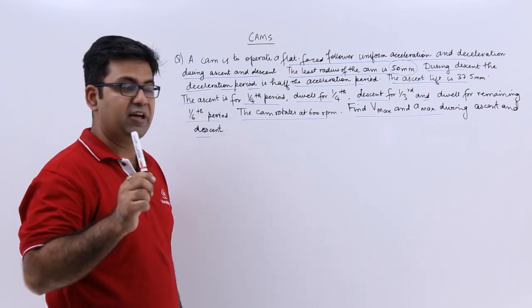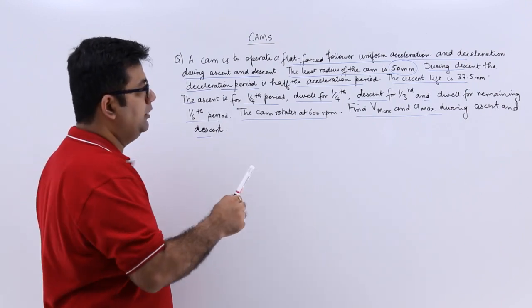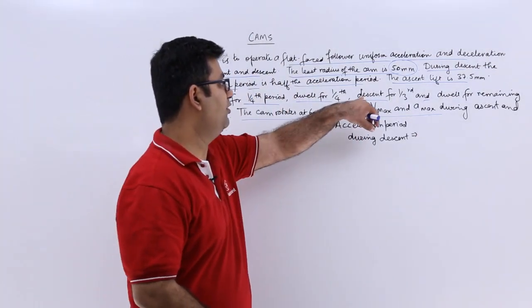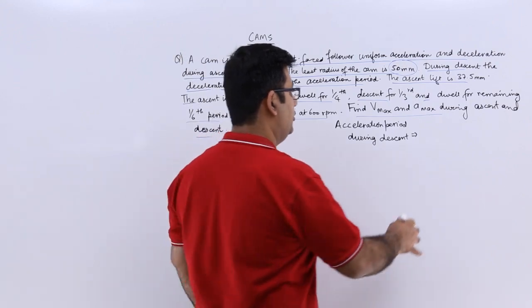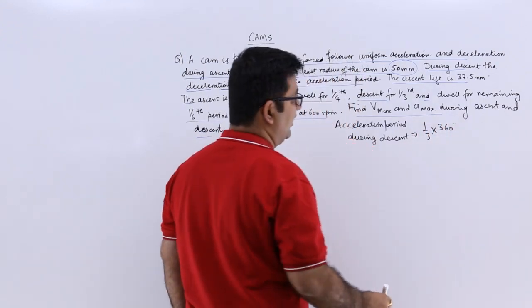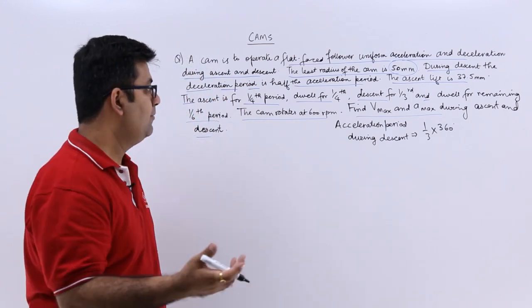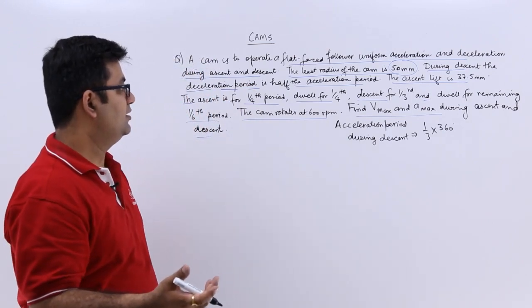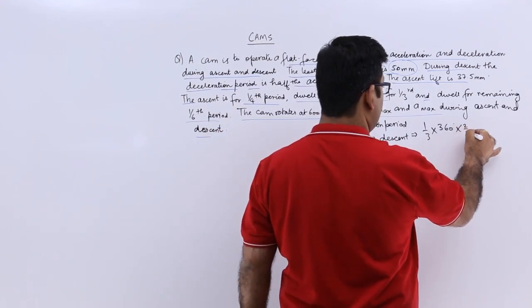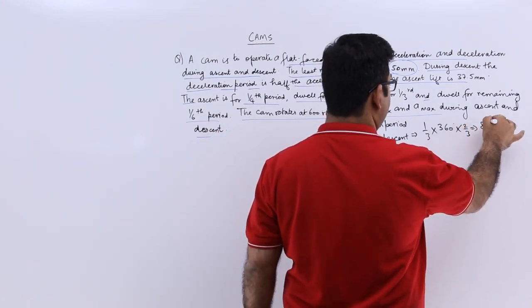So first of all, let's find the acceleration period during the descent. The descent is for 1/3 of the entire cycle, so you go 1/3 into 360, which is 120 degrees. The acceleration period is double the deceleration period during the descent, so you go 2/3 of that, which becomes 80 degrees.